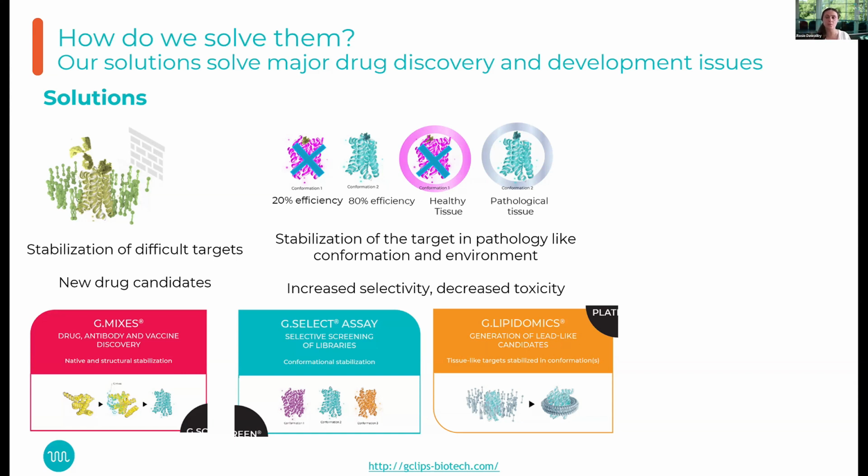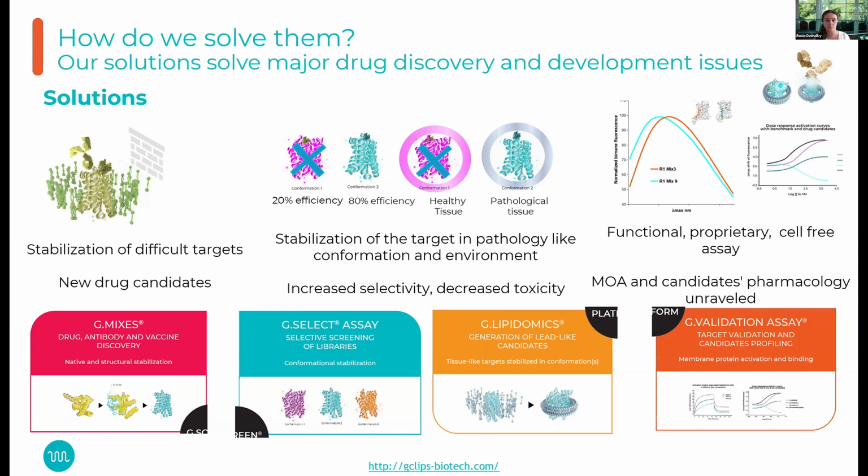And we now have the composition of all these membranes from specific cell types, and we are able to reconstitute the specific lipidic composition in vitro and re-embed the receptor in it. And this is very important for the stabilization of the target in the specific conformation and specific environment, to increase the selectivity and decrease the off-tissue responses.